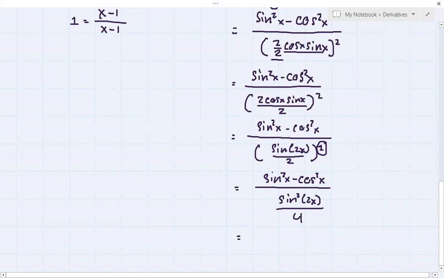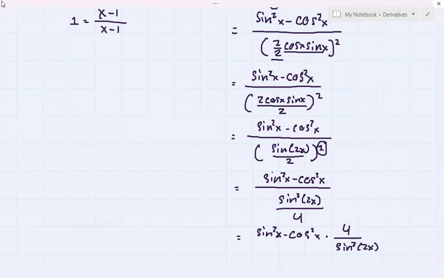Now, i-simplify natin to together so we can reciprocate this one. Okay, pwede natin itong i-reciprocate. So if we're going to reciprocate this one, ganito magiging tsura niya. Sine squared x minus cosine squared x times 4 all over sine squared of 2x.